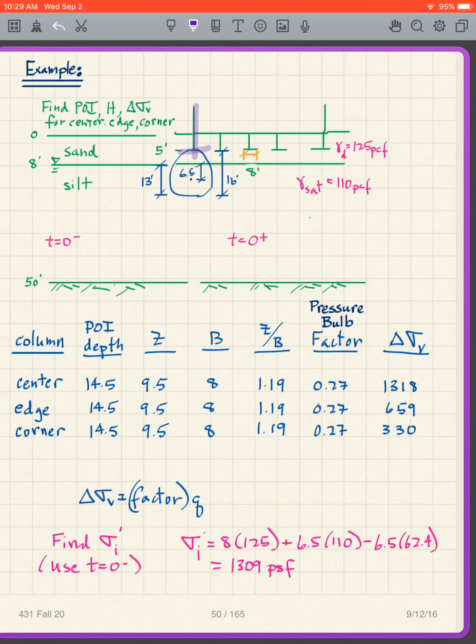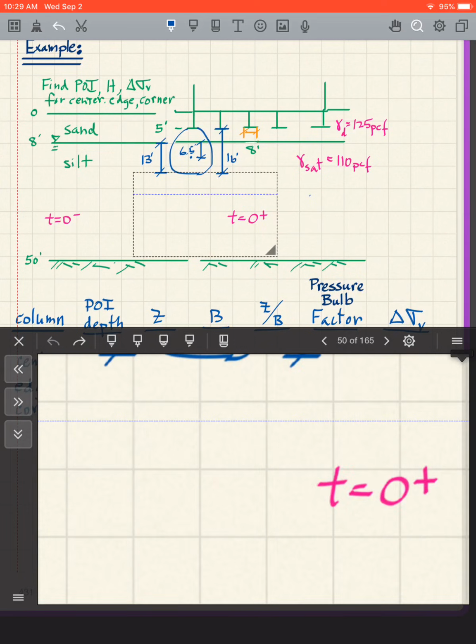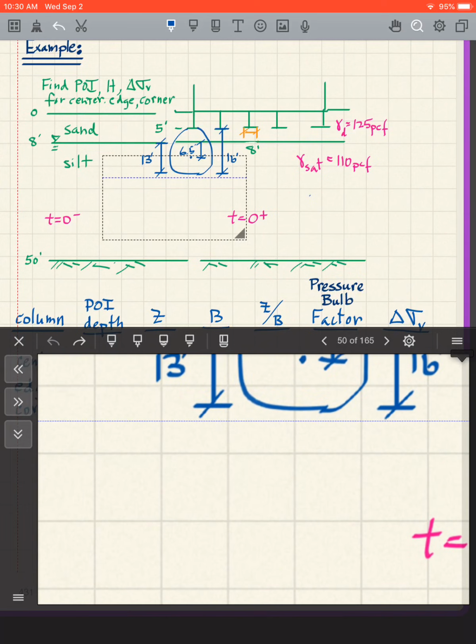So what do we do? We take our pressure bulb, which is 2B, so it's going to be 16 feet. 2 times 8, 16. And so it's 16 feet plus the 5 feet, takes us down to a depth of 21 feet. So this should read 21 feet.